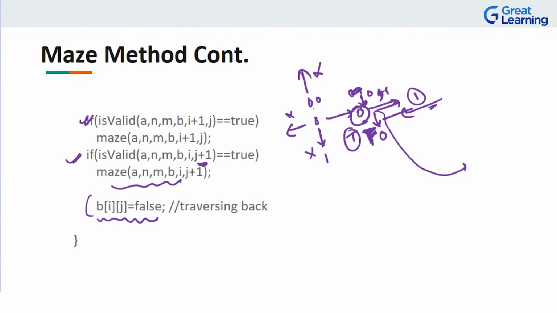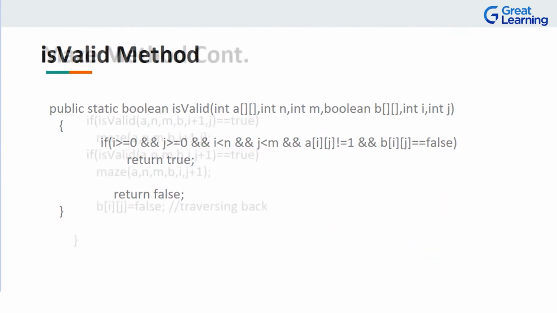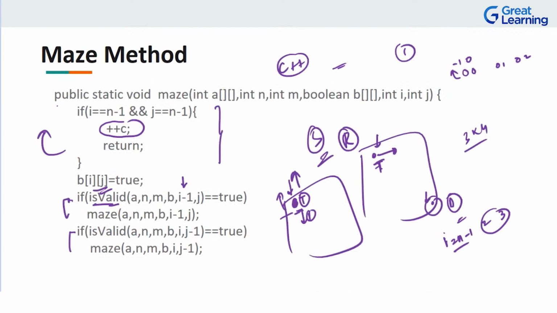So now this is your maze function and this is your valid function, and that's it. This is all that you need to do in a rat in a maze problem. You see how recursion is much more intuitive. In this example, we are recursively calling for all the possible paths and then we backtrack. That's it. Done. Now let us quickly summarize the video.